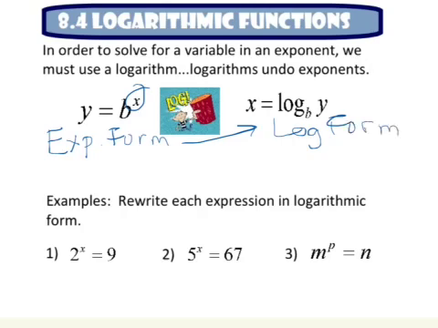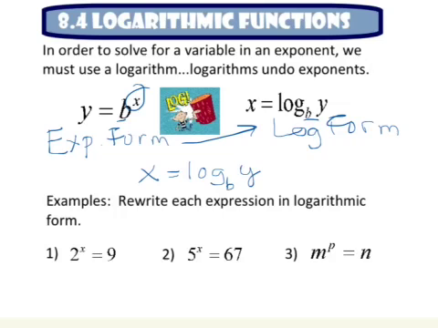what we do is we start with the x, the exponent, and we say x equals log, and then the base of the exponential, the b value, will also be the base of the logarithm. So we say log base b of y, whatever it is that's equal to our exponential function.